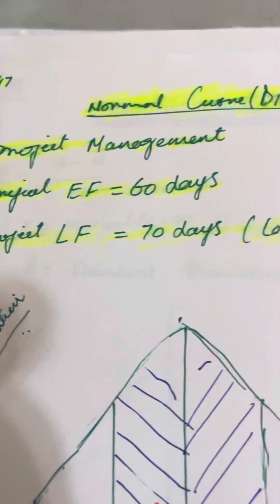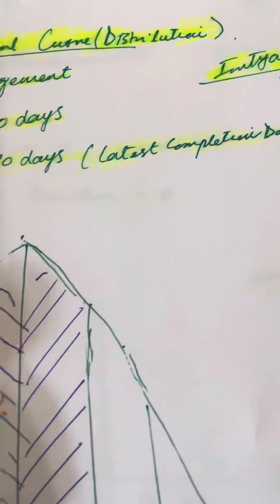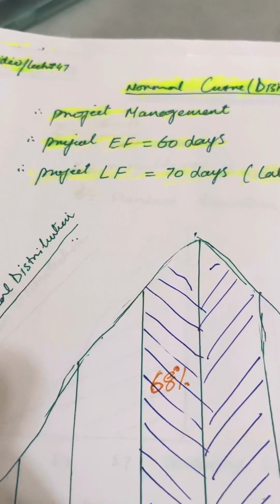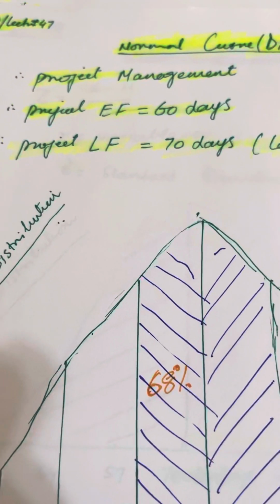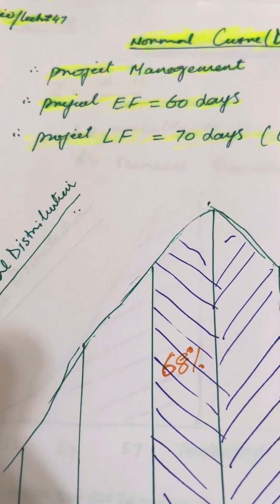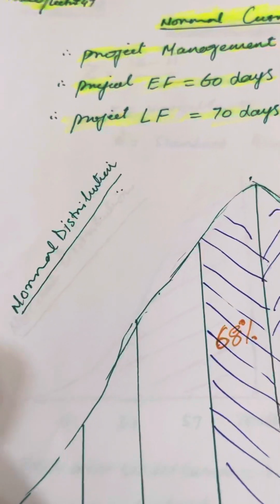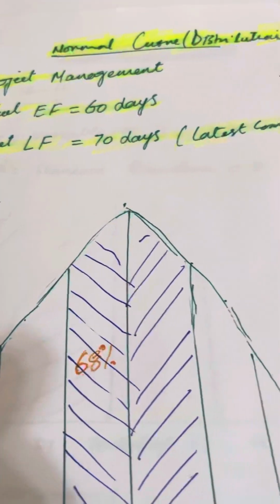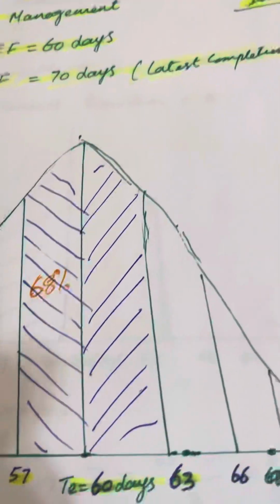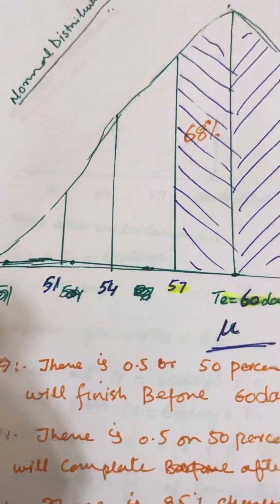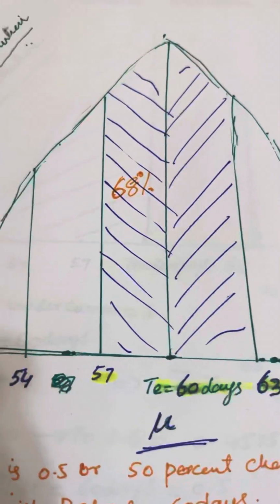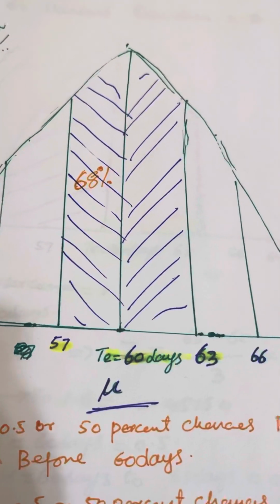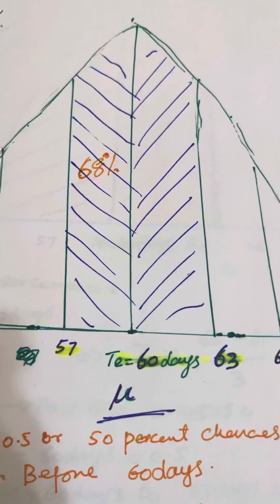So this is a continuation of the project management series, and our project earliest finish is 60 days, which is the expected duration we calculated in the last video, and the project latest finish is 70 days, the latest completion date. In the last video I calculated the standard deviation and the variance for each of the activities.